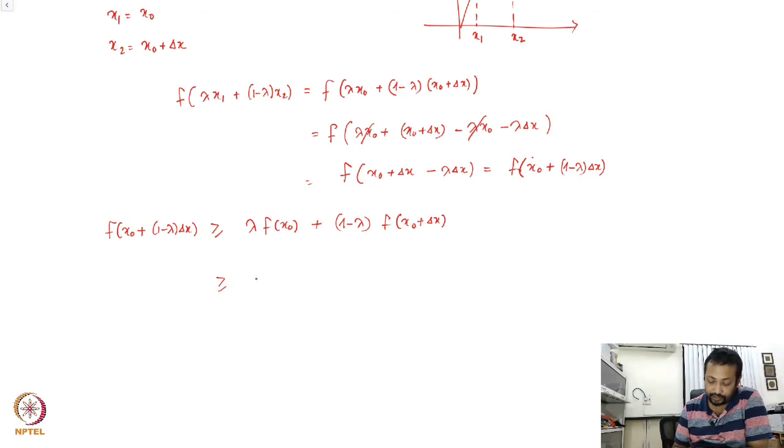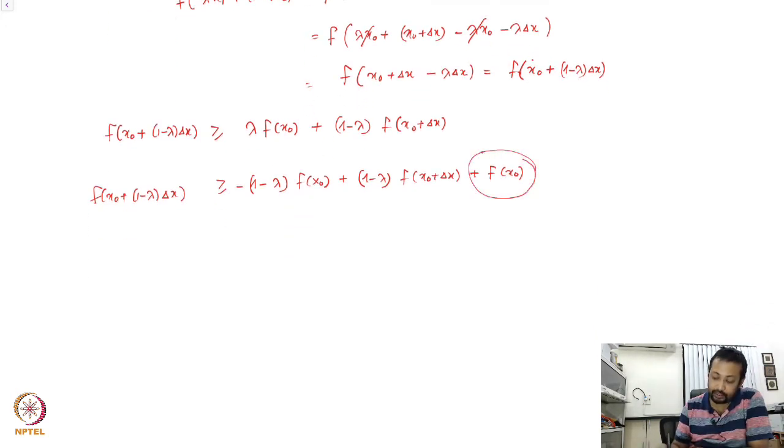So let us write this as 1 minus lambda f x naught, put a minus sign in front, plus 1 minus lambda f of x naught plus delta x. And since I have added a minus f x naught, I need to add an f x naught over here to keep the right hand side the same as above. And here of course I have f of x naught plus 1 minus lambda delta x.